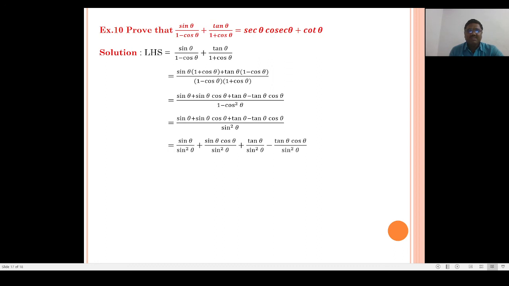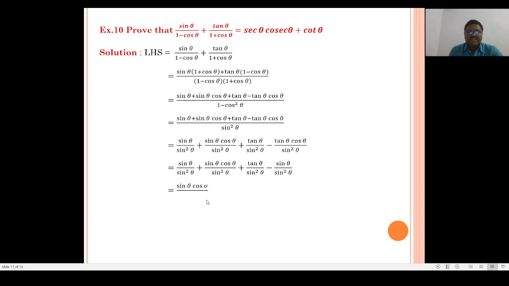So we get sin theta upon sin square theta plus sin theta cos theta upon sin square theta plus tan theta upon sin square theta minus sin theta upon sin square theta. Now see the terms: the first term and the last term both cancel.